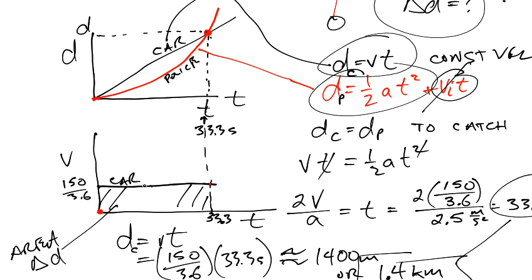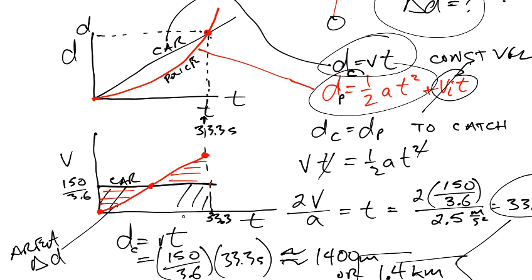But you see, using a little bit of symmetry, I know that at this point, I have to have whatever area I missed here made up for here. And hence, the area underneath this red line is equal to the area covered here. And so what does that tell me about the final velocity of the police car?